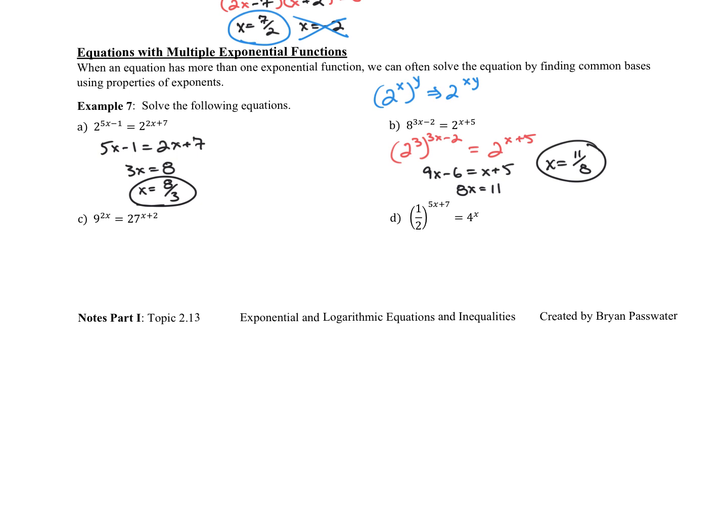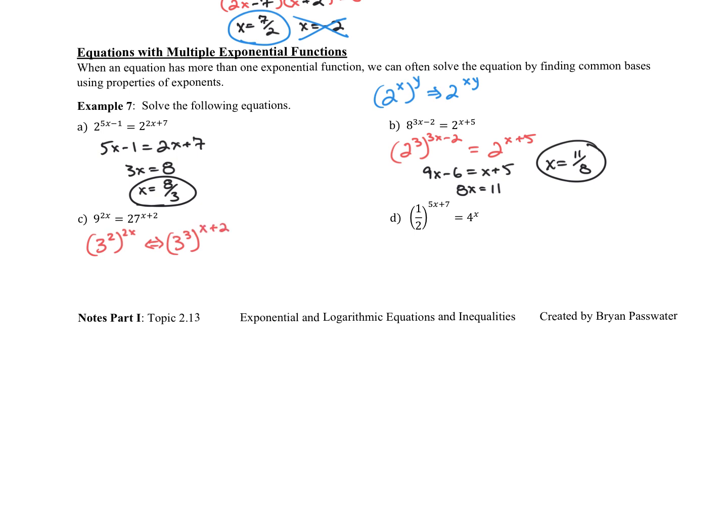All right, cool. Let's look at the next one. I have 9 as my base and 27 as my base. What could I use as my base? A 3, exactly. So 9 is the same thing as what? 3 squared. Now I have 3 squared to the power of 2x, and 27 would be 3 to the power of 3, and then to the power of x plus 2.